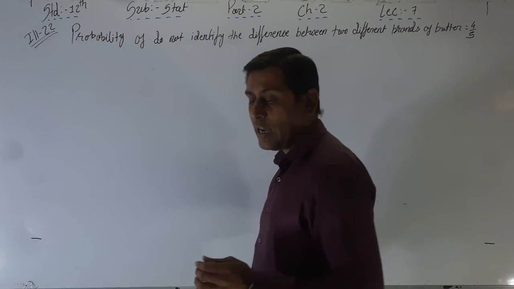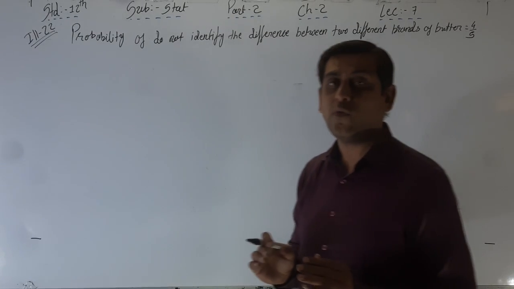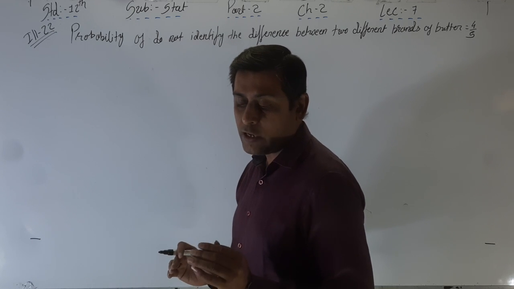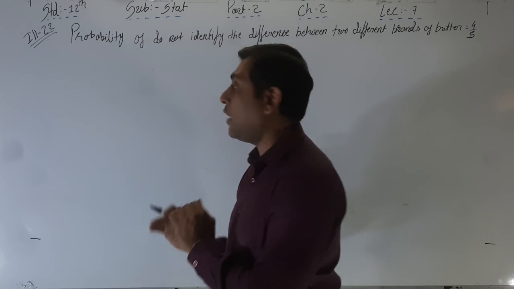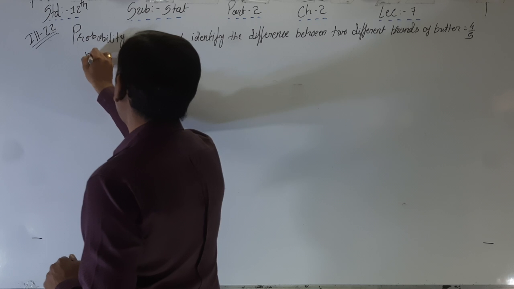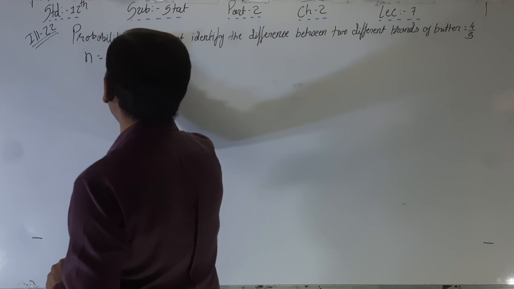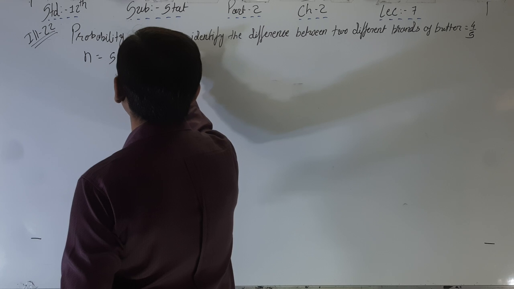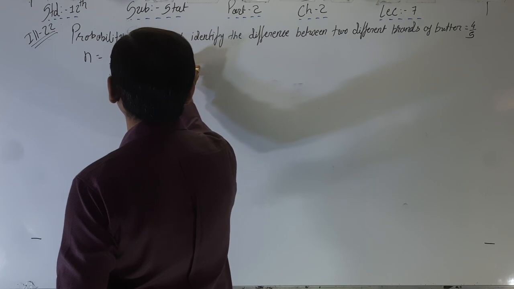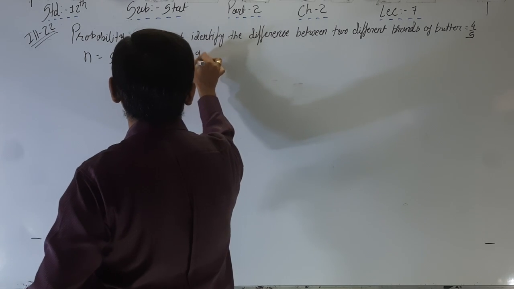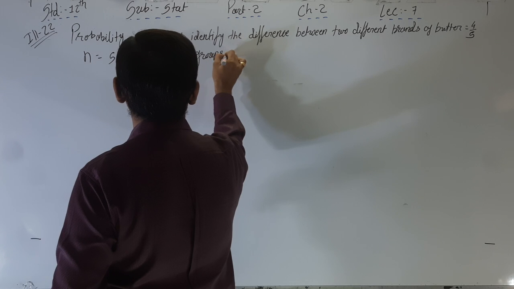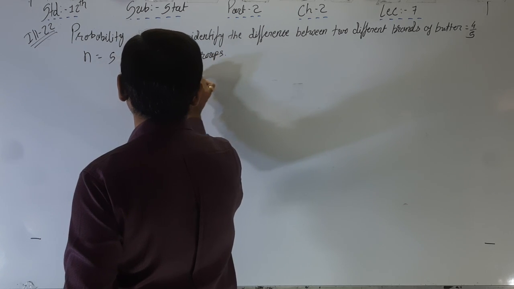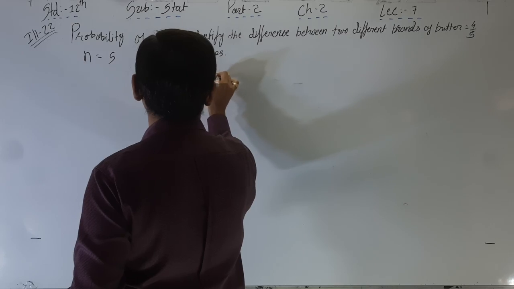Now, to check the claim, 5,000 housewives are divided in groups, each group of 5 housewives. So here small n is equal to 5 and capital N is equal to 5,000 divided by 5 groups, so capital N is equal to 1,000 groups.